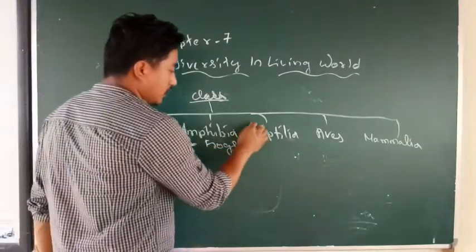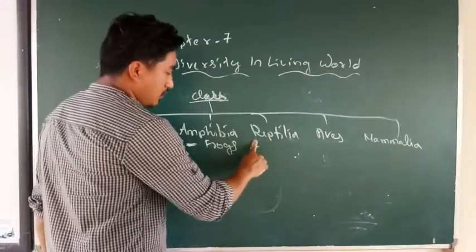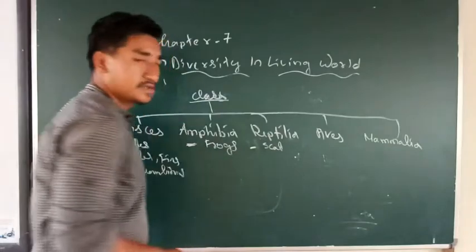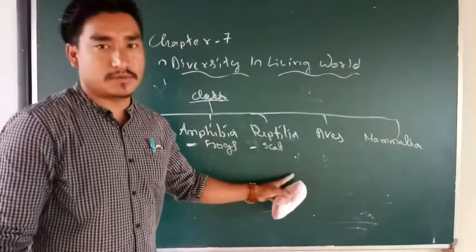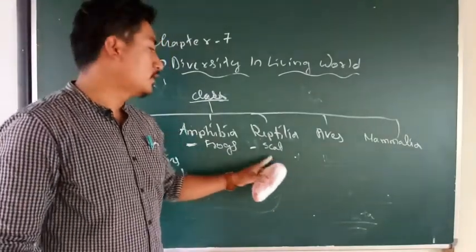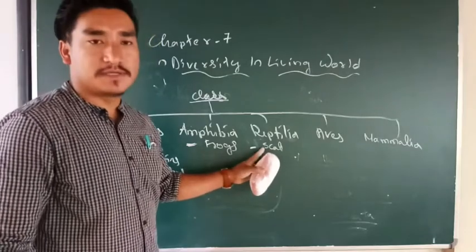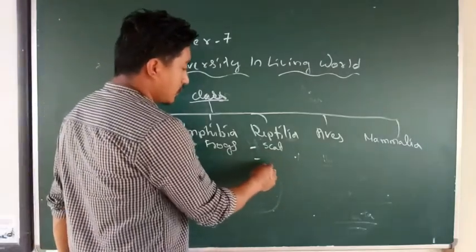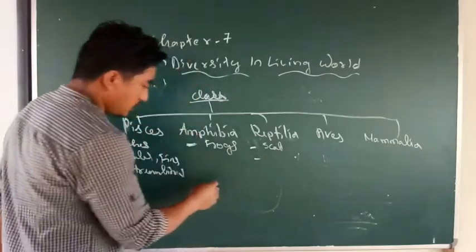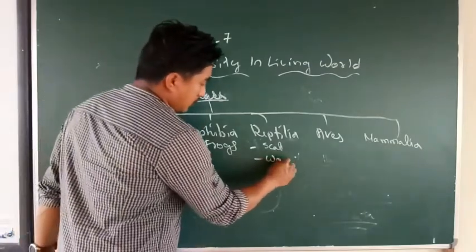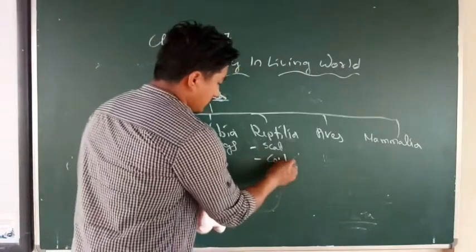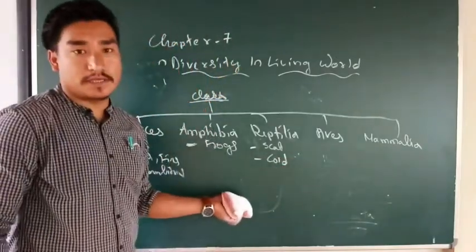Then reptilia, also known as scaly skin organisms. You have snakes, crocodiles. Those are examples of reptilians. They are cold-blooded organisms.